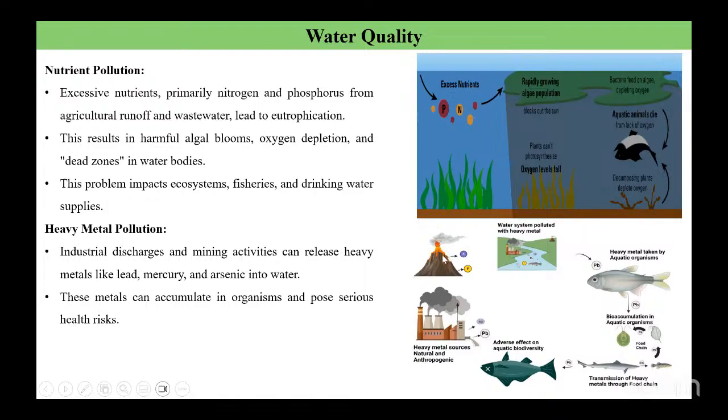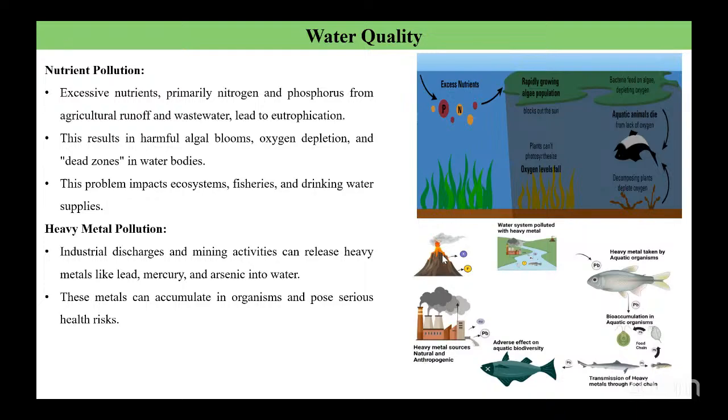These metals, when distributed outside through volcanoes or through natural or anthropogenic activities due to industrialization and everything, reach the water system. Once they reach the water system, the water quality is deteriorated.